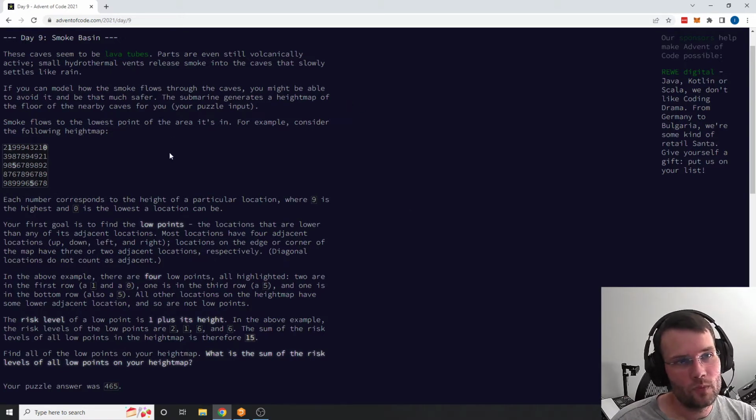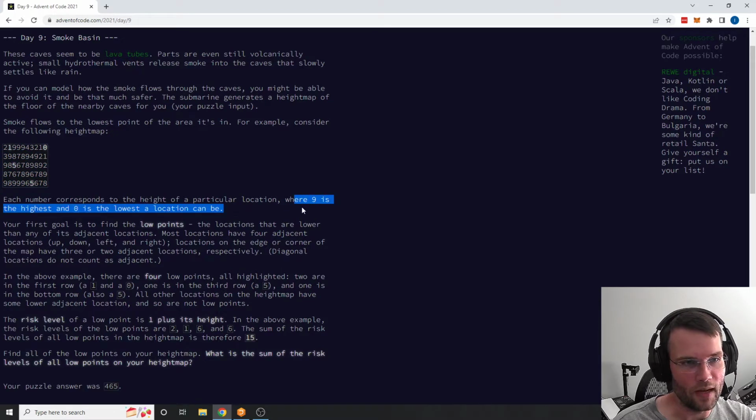Day 9, 2021. Smoke Basin. The idea for part one is you have this big rectangular grid of numbers. 9 is the highest, 0 is the lowest, and the objective for part one is to find the low points.